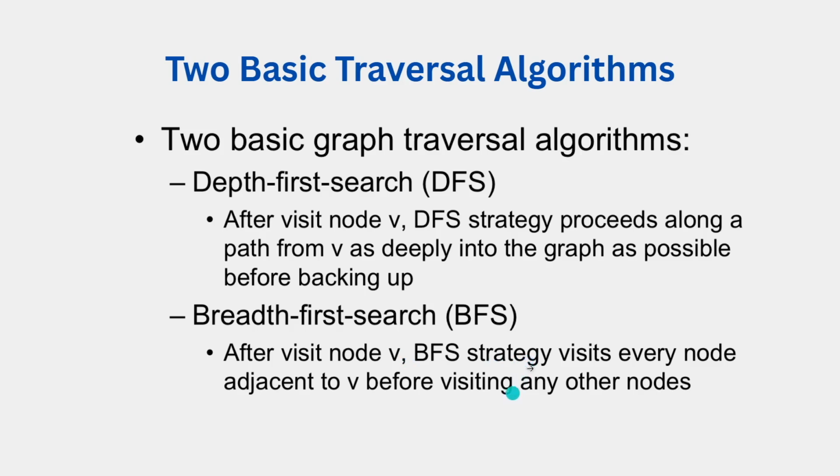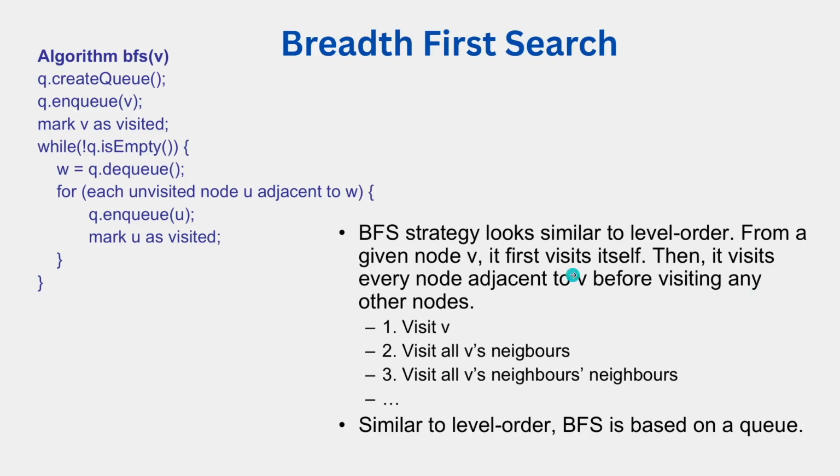So, we will mark them visited, and once those adjacent vertices are visited, then we will fix any of those vertices as the next point to start, and from there we proceed with looking at vertices that are adjacent to that vertex. Likewise, we continue to do this till we reach every other vertex in that graph. So, this way of visiting every node or vertex in a graph, we call a breadth first search. So, this is how your breadth first search strategy works.